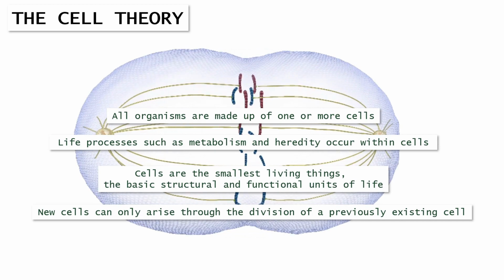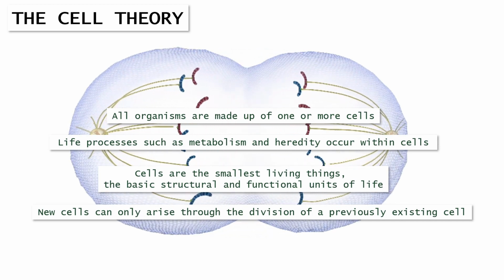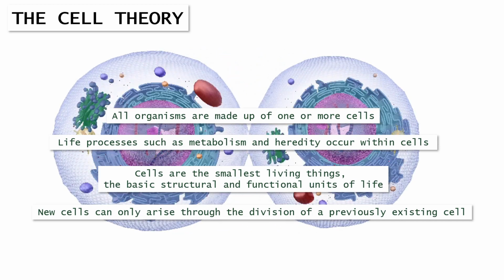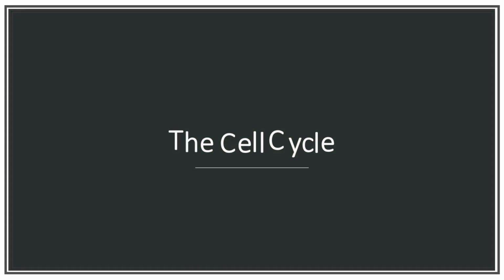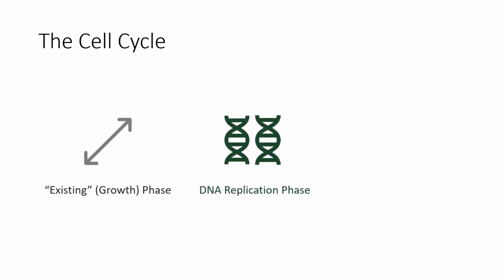So now, in order to best understand the process of making more cells, we must first understand the life cycle of any given cell. We call the life cycle of a cell the cell cycle. In all cells, the cell cycle consists of three key phases: an existing phase, a DNA replication phase, and a division phase.